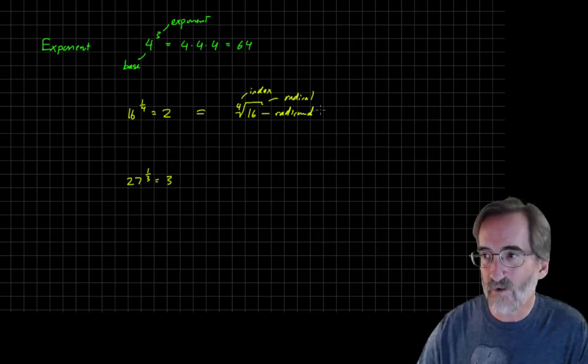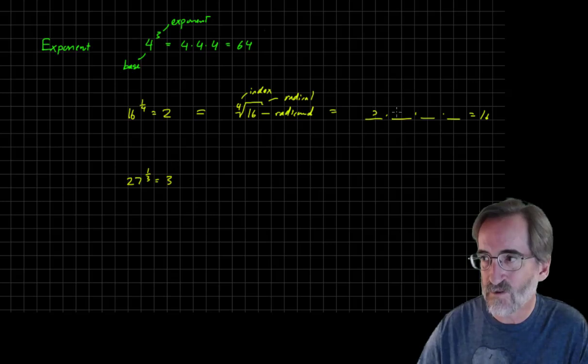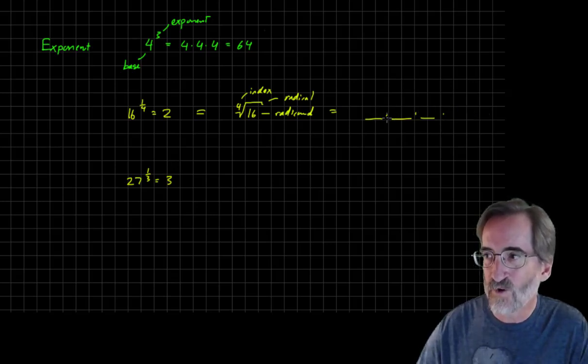So we solve it the same way. What times what times what times what makes 16? Answer, 2 times 2 times 2 times 2. Therefore, the fourth root of 16 is 2.